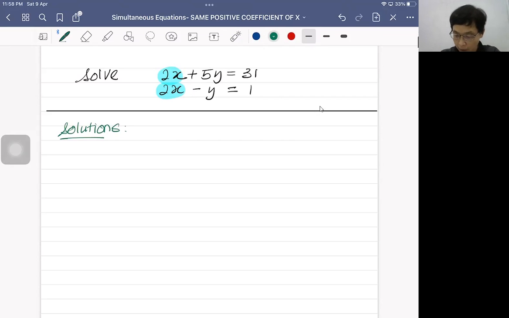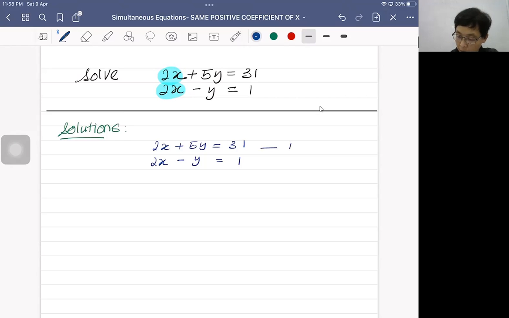Now, this is what you're going to write in your examination paper. You're going to copy down the question, and before you ask me why, here we go. We are going to name the equations respectively.